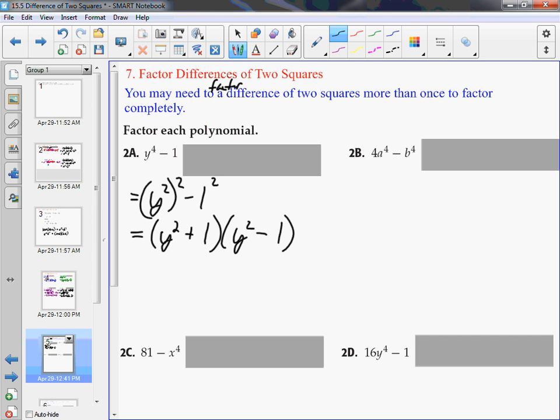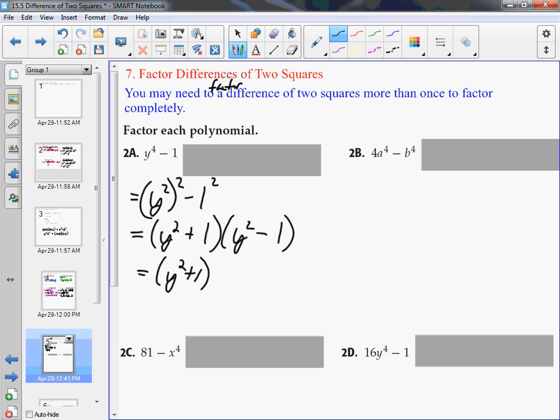Now here's why I had written, you may need to factor a difference of two squares more than once. Y squared plus 1 is not a difference of two squares. It's a sum of two squares. Sums of two squares are not factorable. Try it if you want. They're not factorable. So that has to stay the same.